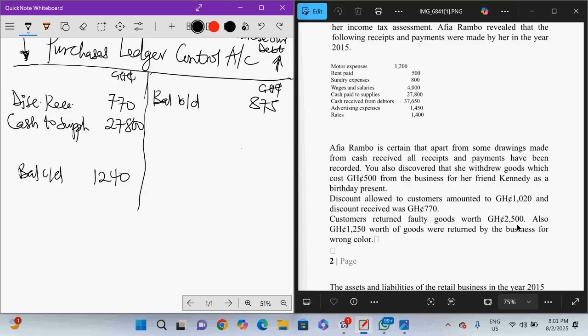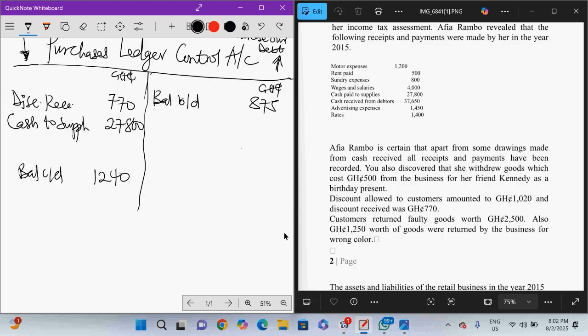Customers returned goods worth 2,500. This 2,500 was for the customers, or the sales was for the sales. When we come to the purchases, 1,250 worth of goods were returned by the business. So we returned 1,250 goods to our suppliers.